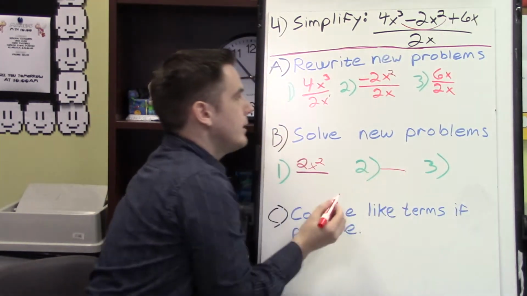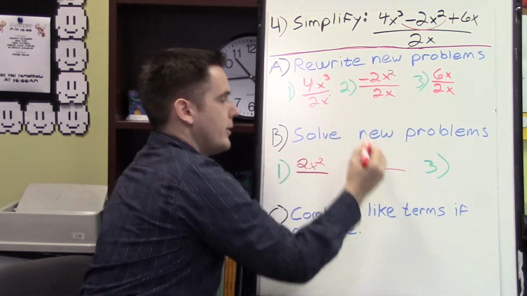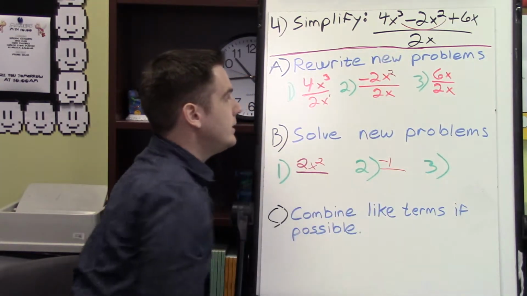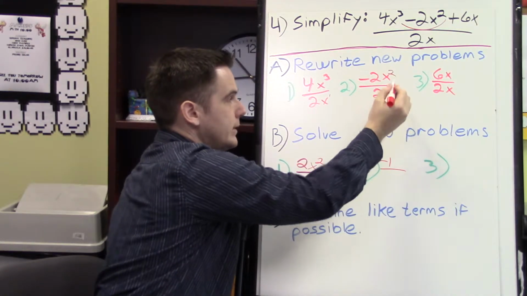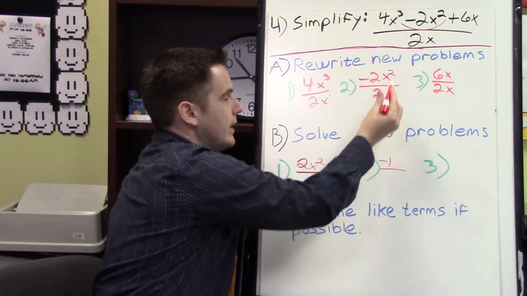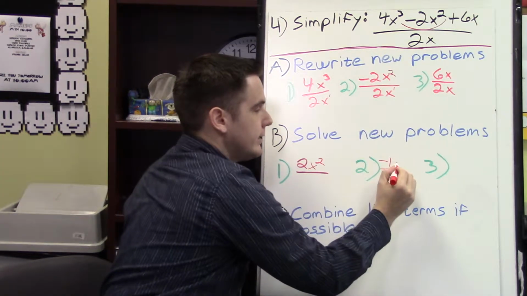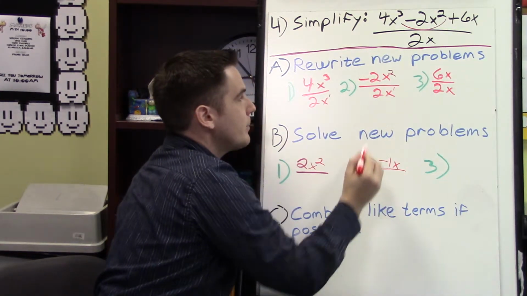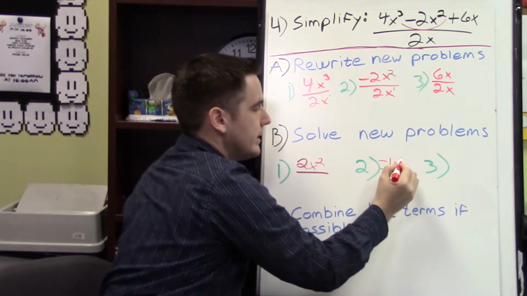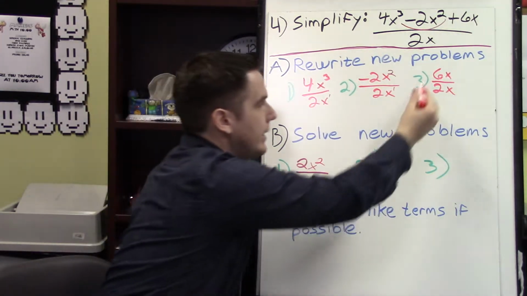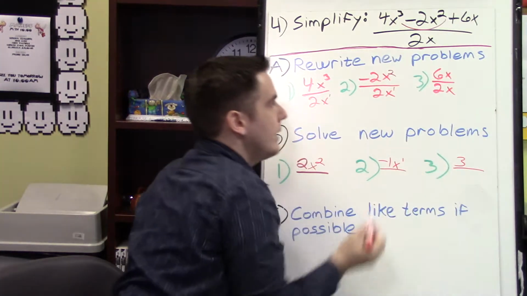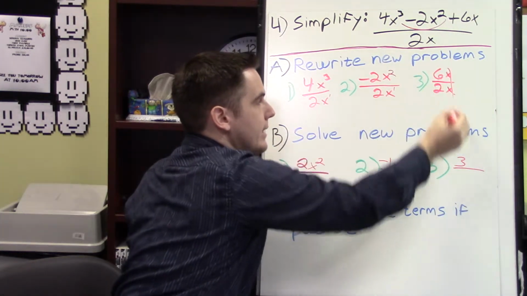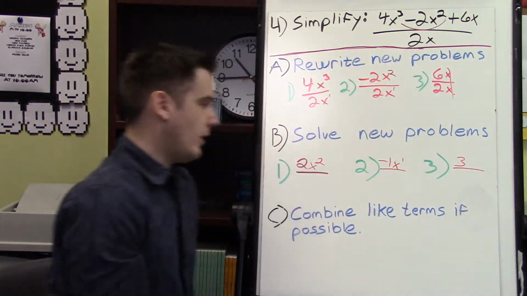Over here, we're going negative 2 divided by 2 is negative 1, and then we divide the variables, so Ninja 1, x squared's bigger, so x goes on top, 2 minus 1 is 1. And then finally, 6 divided by 2 is 3. And then x and x, oh, they cancel out. So no x at all.